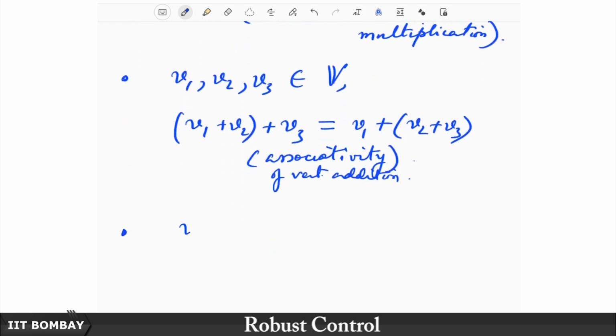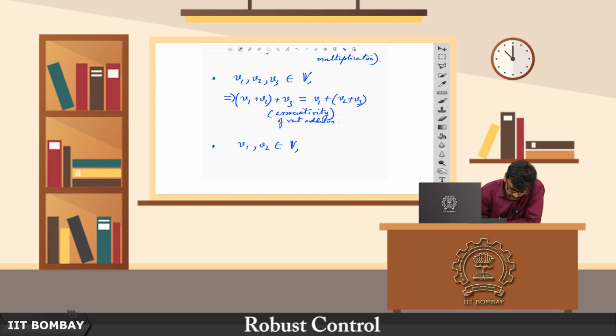Next you have V1 and V2 belonging to the vector space V, then V1 plus V2 is equal to V2 plus V1.